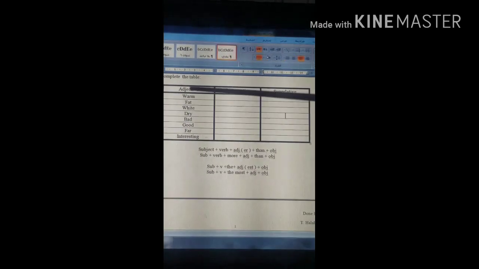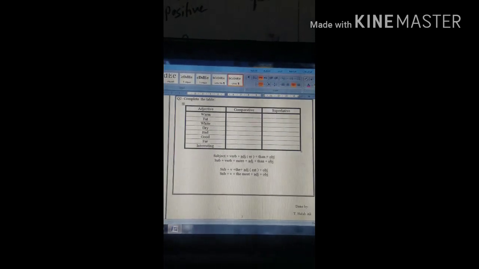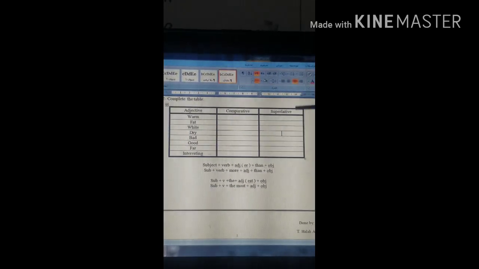The adjective describes a noun, a person, a place, or a thing. Comparative is to compare between two people, two things, or two places. Superlative means you will distinguish or describe one among a group.